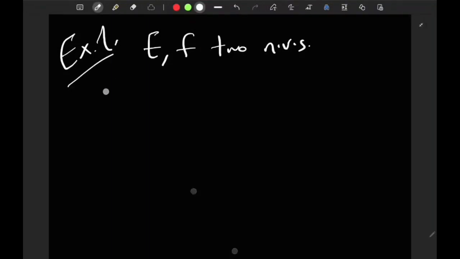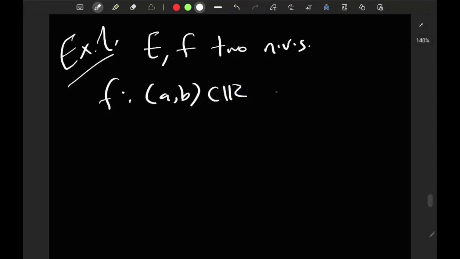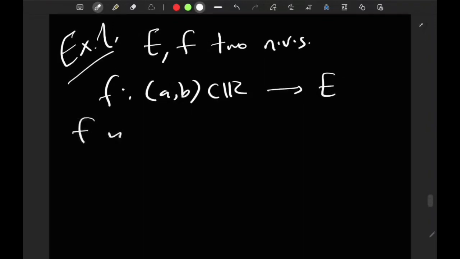So E and F are two normed vector spaces, and f is a map from some open interval (a,b) in R into E. We are given that f is differentiable, and we just need it to be differentiable at t0.